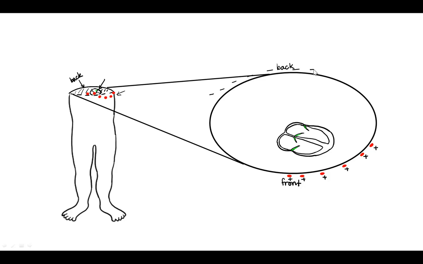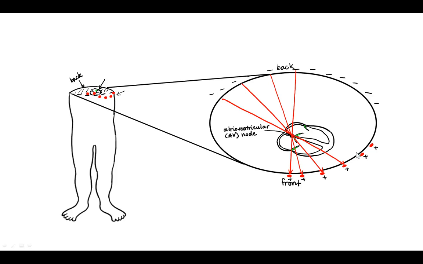So this is all negative. And so how you construct each of the chest leads is you actually find a reference point inside of the heart, and that reference point is somewhere here. It's actually the AV node or atrioventricular node. And then you draw your vector from the negative backside of the person to the positive electrode through the AV node.